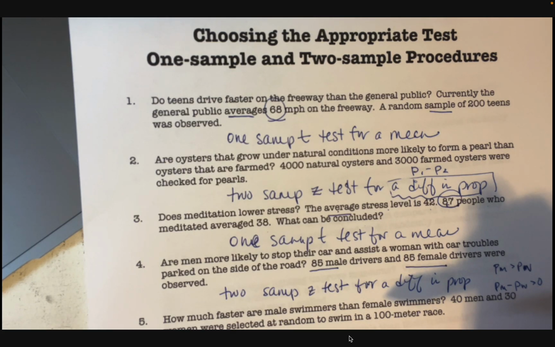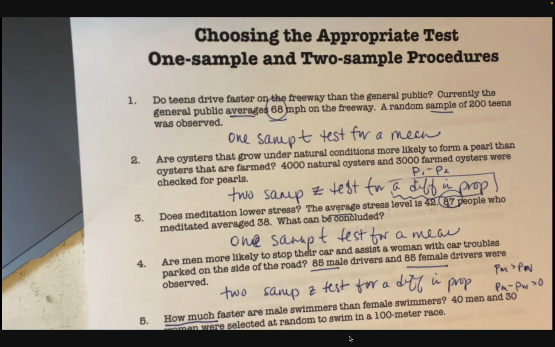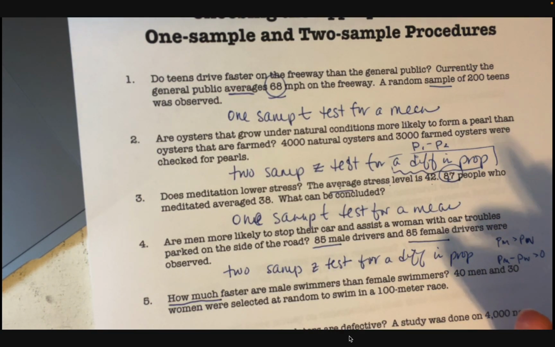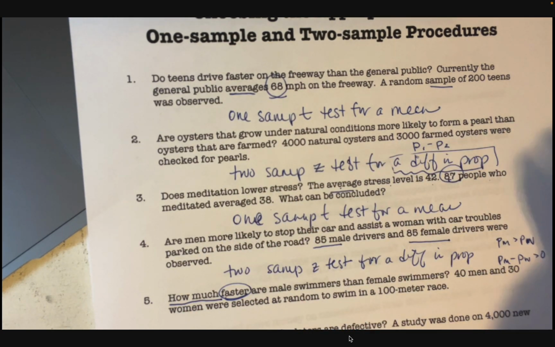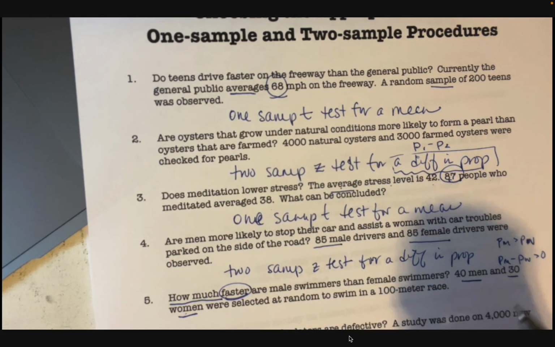Let's see here. Okay, this one, it says how much faster. So right there, you're looking for an estimate. You actually want 2 minutes or something as your answer. You are timing people. That's a mean. You have 40 men and you have 30 women. You have two samples here.